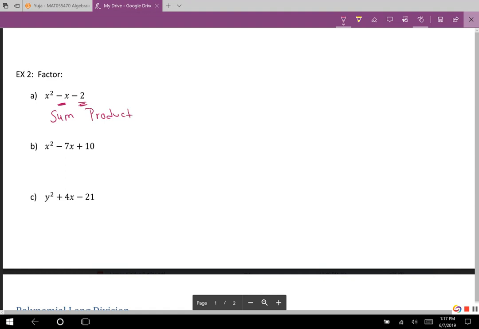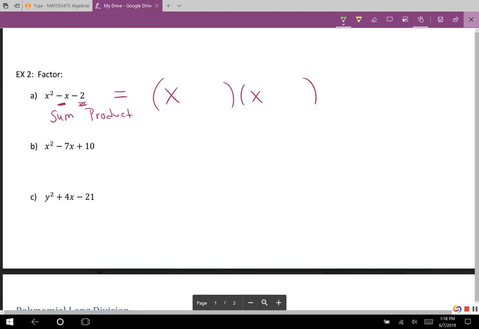So if I want to factor something of the form x squared and then there's an x term and a constant, basically the idea is I know that this is going to be an x and an x. That'll give me the x squared. And then I have to find two numbers that have a sum of the middle and a product of the last.